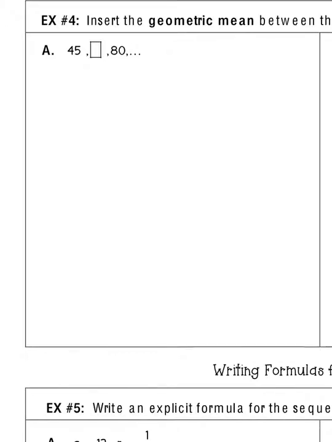So we'll just start doing these problems using the geometric mean. In this particular one, I'm going to multiply these together and take the square root. When I multiply 45 times 80, I get 3,600. And the square root of that is 60. And of course, that number goes in between here.